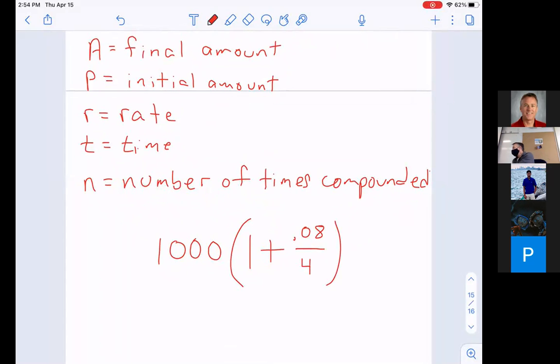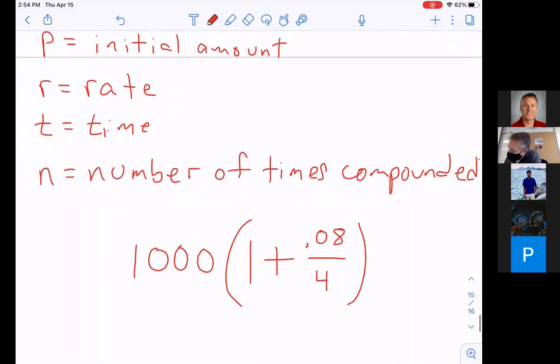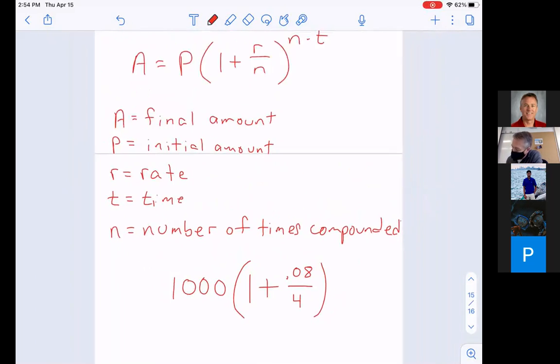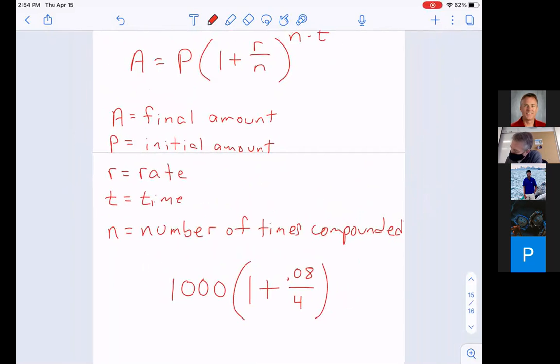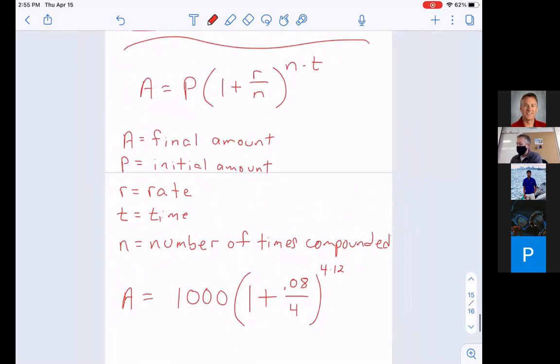If it was compounded monthly, that would be 12. If it was compounded daily, that would be 365. Okay. So it's compounded quarterly. And let's see how much this is worth in, I don't know, 12 years. I'm just using this formula again here. My N is 4 and my T is 12. That is going to give us our final amount.